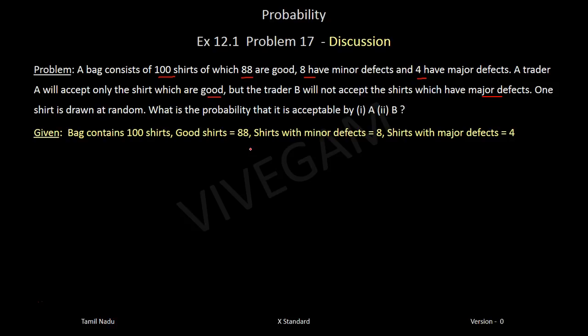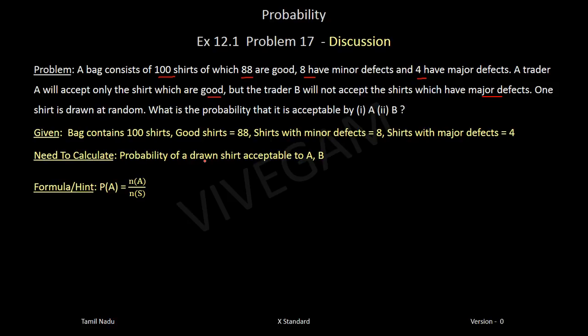So what's given? The bag contains 100 shirts. Good shirts equal to 88. Shirts with minor defects equal to 8. Shirts with major defects equal to 4. What do we need to calculate? We need to calculate the probability of a drawn shirt being acceptable to A or B. The formula is the same.